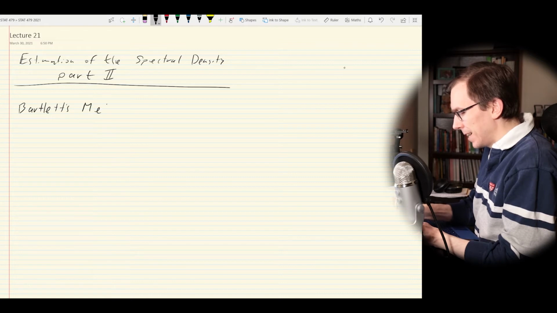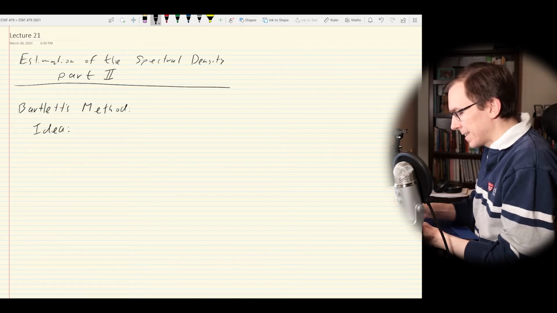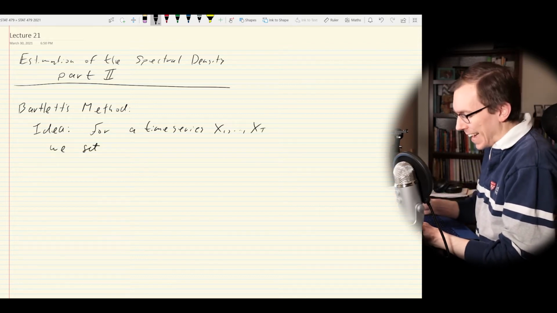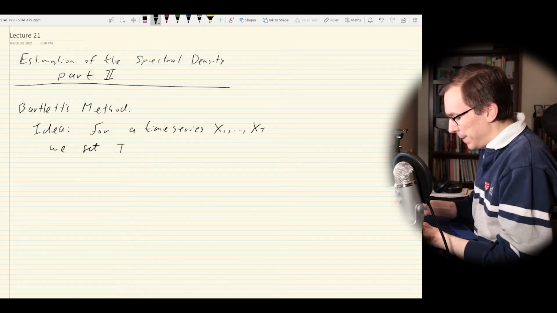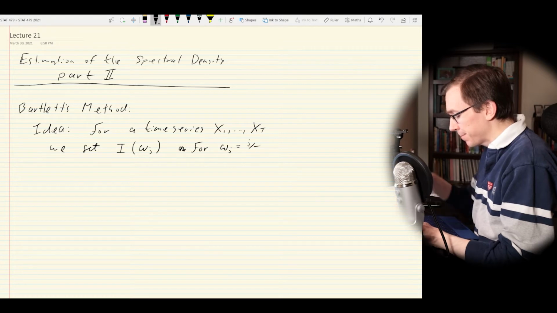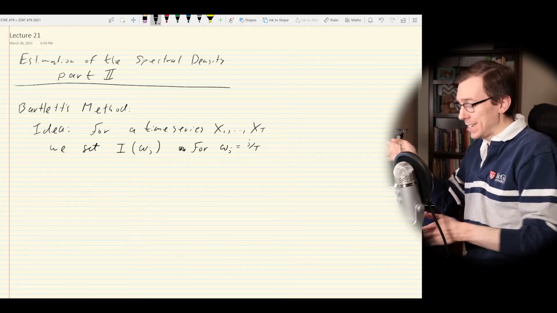The idea behind this is simply that for a time series x1 through xT, we get a periodogram that we can evaluate at omega j, for omega j equal to j over T. That's a lot of different frequencies if T is big, right?